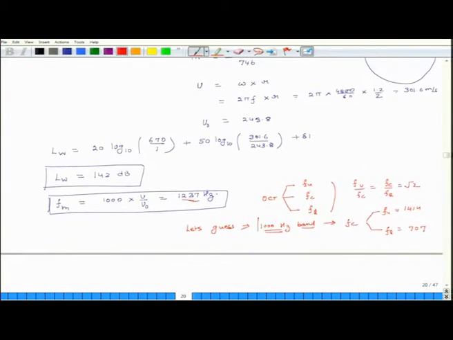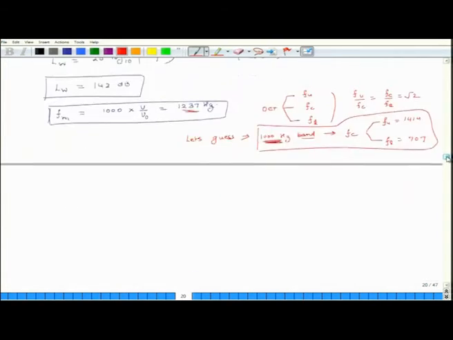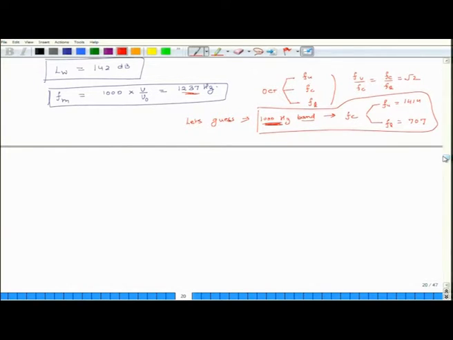So, this 1000 hertz band includes all the frequencies between 707 and 1414 hertz, which means that the sound pressure level will be maximum in the 1000 hertz band. So, this is important to understand.